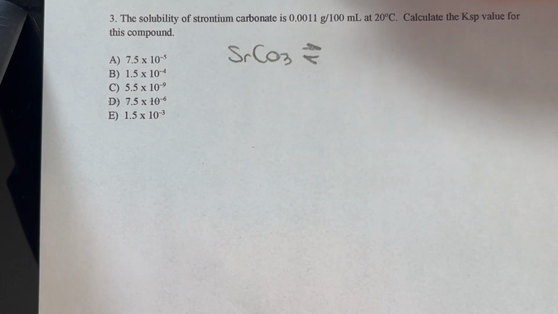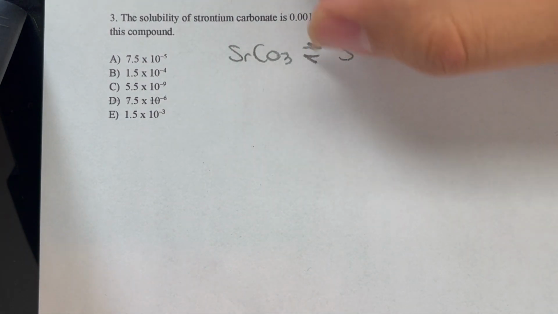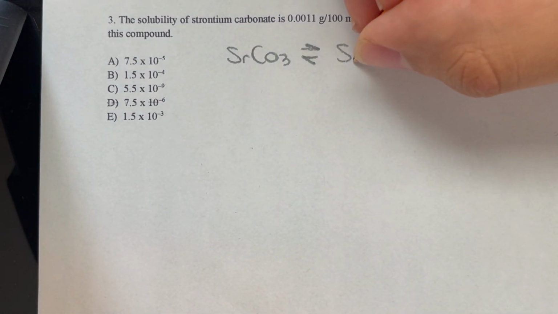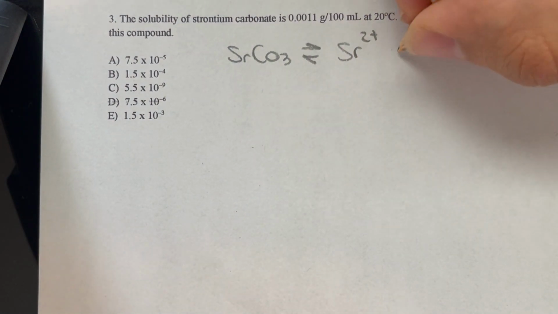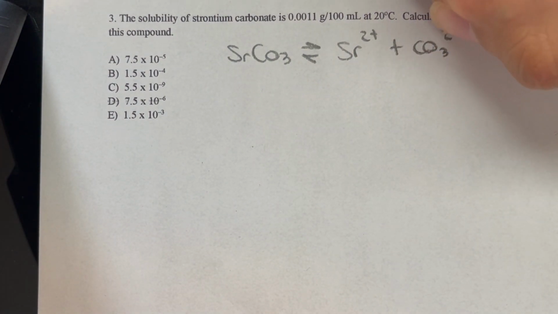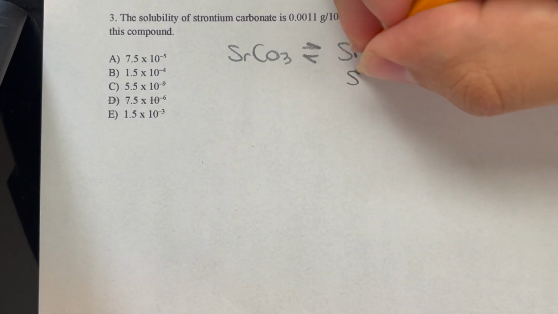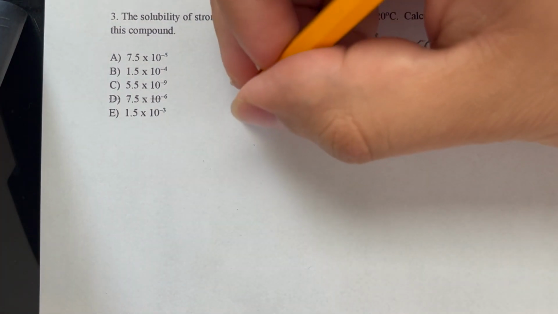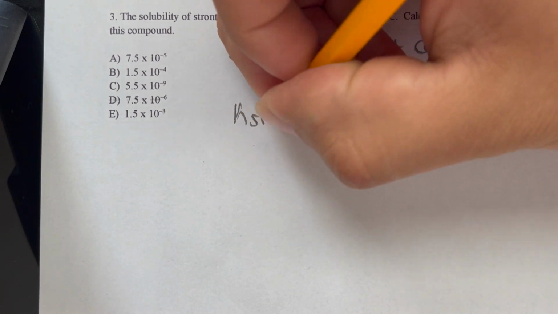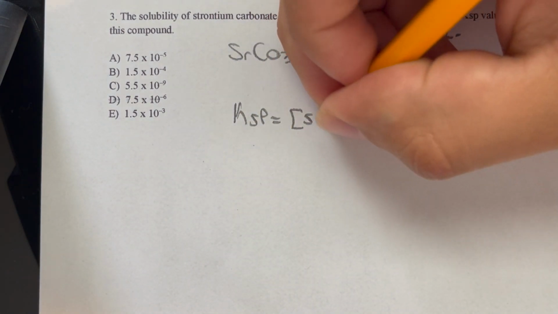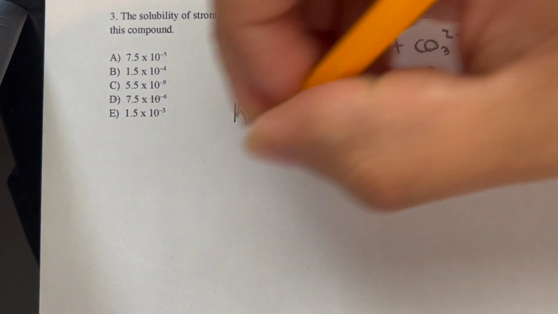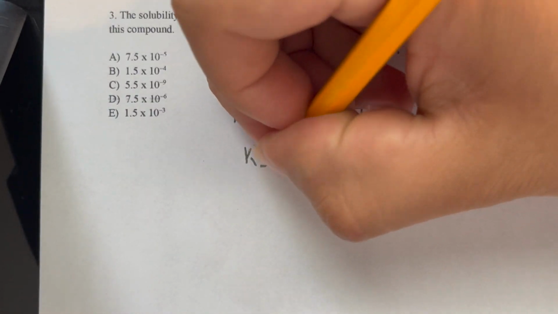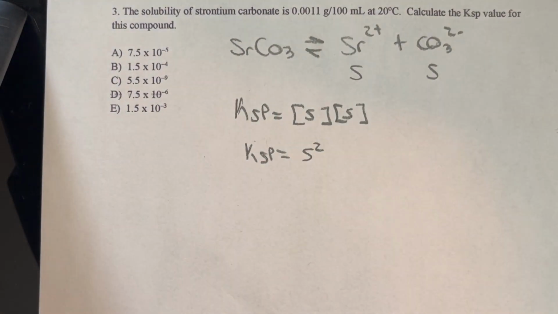This is insoluble, so it'll reach equilibrium. We'll make strontium ions and carbonate ions, right? This becomes S. So then our KSP expression will become S times S, right? As to say our KSP will be equal to S squared.